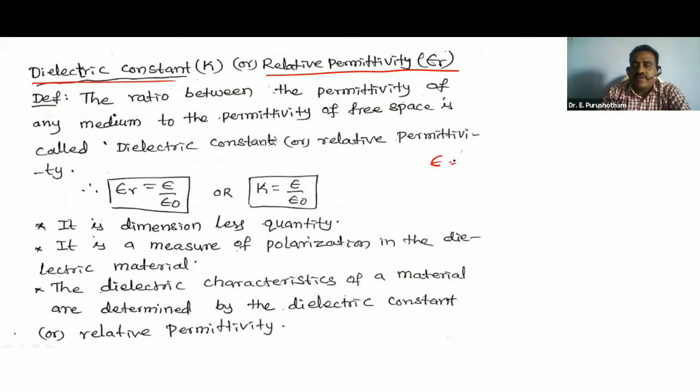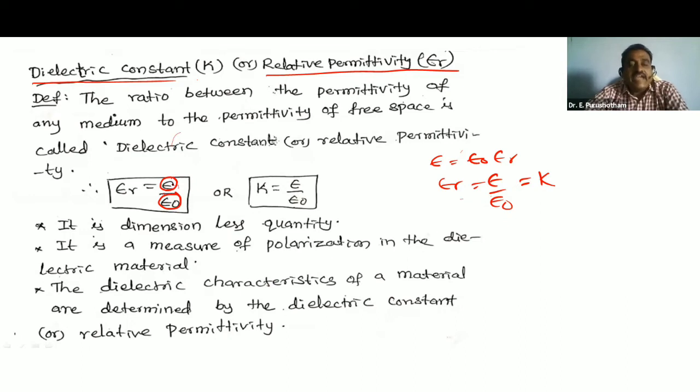According to the formula epsilon is equal to epsilon naught into epsilon r, epsilon r is equal to epsilon by epsilon naught, also known as dielectric constant K. So the definition: the ratio between absolute permittivity epsilon and the permittivity of free space is called relative permittivity or dielectric constant.